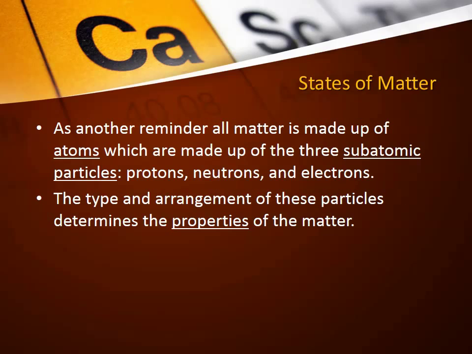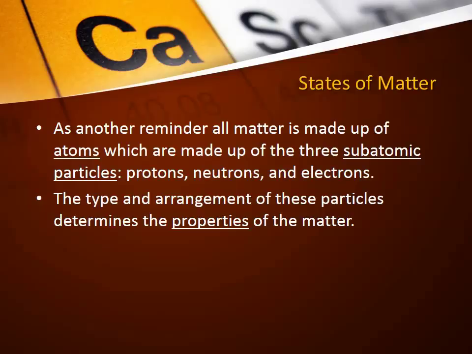So, as another reminder, all matter is made up of atoms. It's one of the first things we talked about. These are made of three subatomic particles, which are protons, neutrons, and electrons. Now, while they're all made up of these particles, the particles can be rearranged to form, well, different combinations.